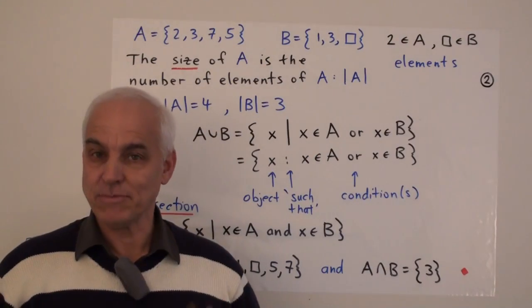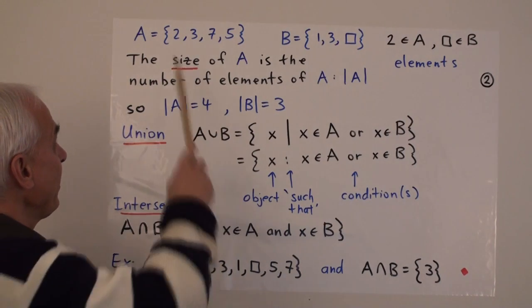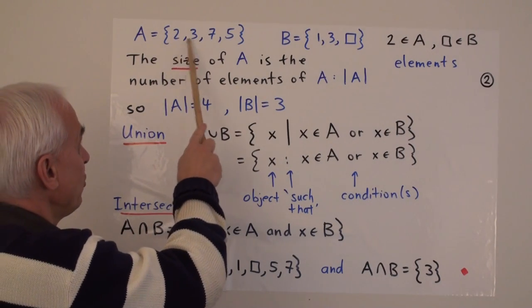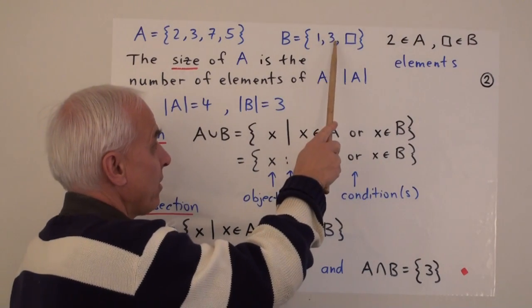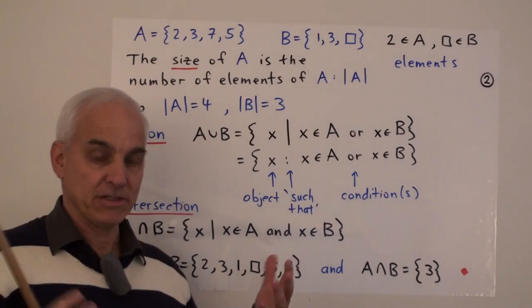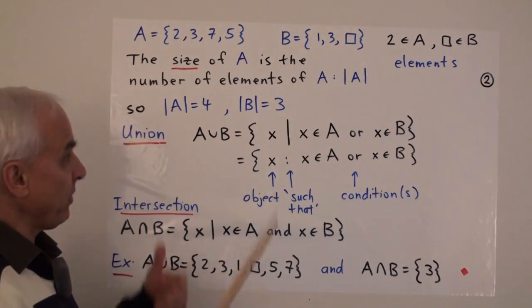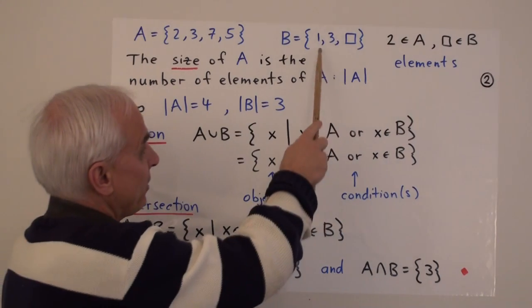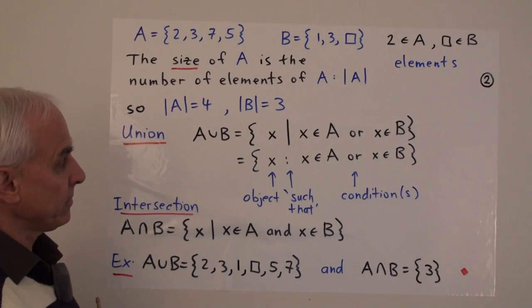In order to talk about some terminology with sets, let's consider 2 particular sets. A, which is the set 2, 3, 7, 5. And B, which is the set 1, 3, square. So square is some mathematical object. We are assuming that we've already defined what that is, and so then we can form a set with elements 1, 3, and square.